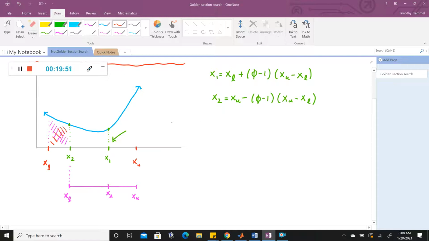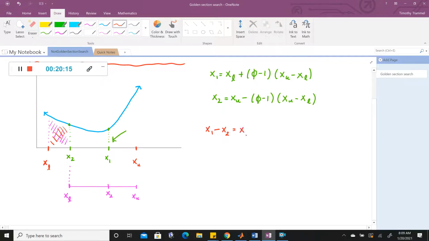So let's start off with it being at x2. If we start off with that, then we're off by whatever the difference is between x1 and x2. And we have an equation for both of these right up above, which is useful.